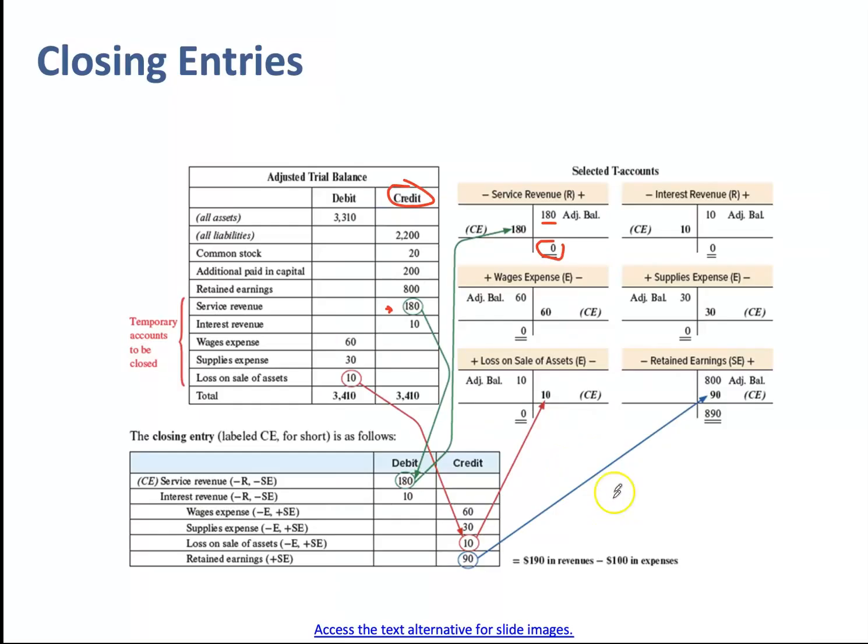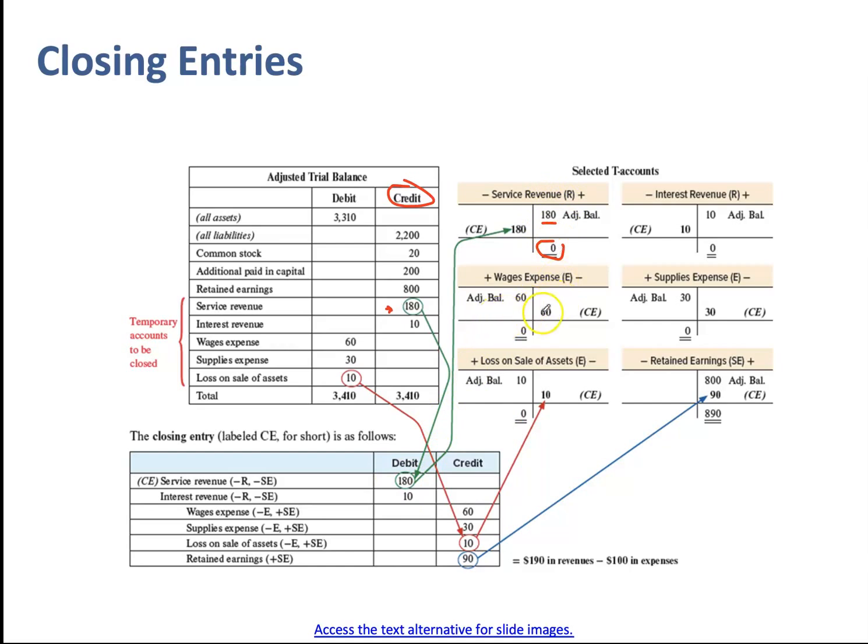So how do I make a credit balance become 0? Easy, right? You debit the same amount, then the debit and credit cancel out with each other. So in order to close a sales revenue, we will debit the exact amount on this adjusted balance. We debit 180 to cancel out with the credit side.